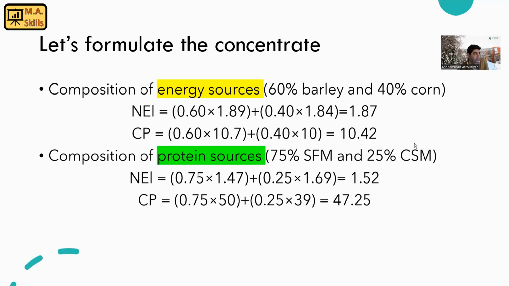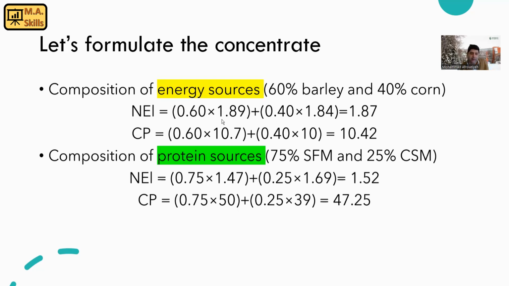And then what I need to do is just to calculate the amount of energy and protein coming from each category. So for the energy category, as you can see, I'm calculating the amount of NEL, or net energy for lactation, by multiplying the amount of each ingredient by the amount of energy in that ingredient.